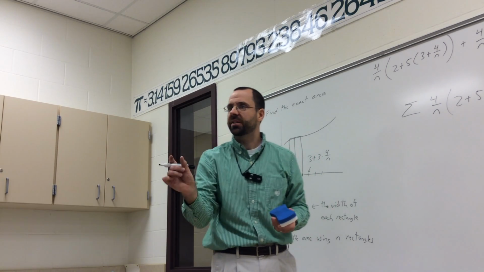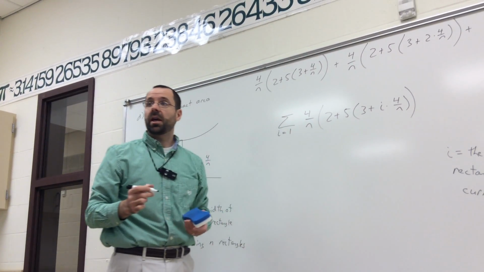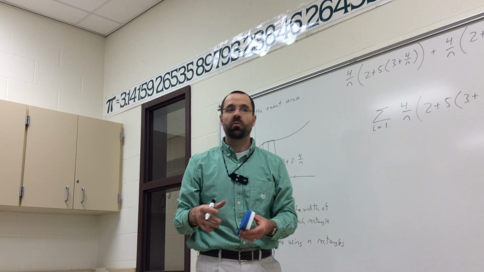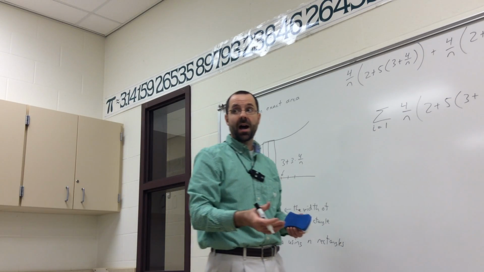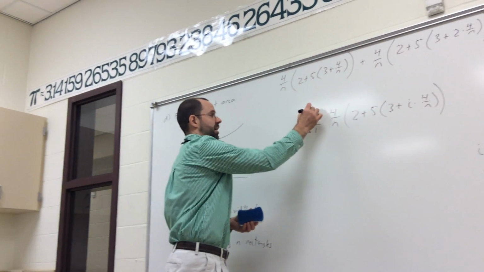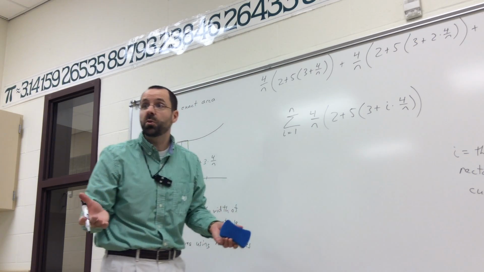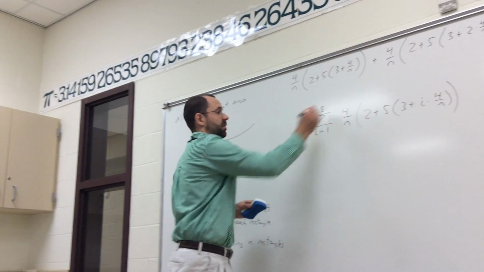And I want i to be 1 to start out with, right? Because I'm going to start on the first rectangle. And then later I want i to be 2, and then I want i to be 3, et cetera. And I want to stop at my nth rectangle. So if I was doing 8 rectangles, I would stop at 8.